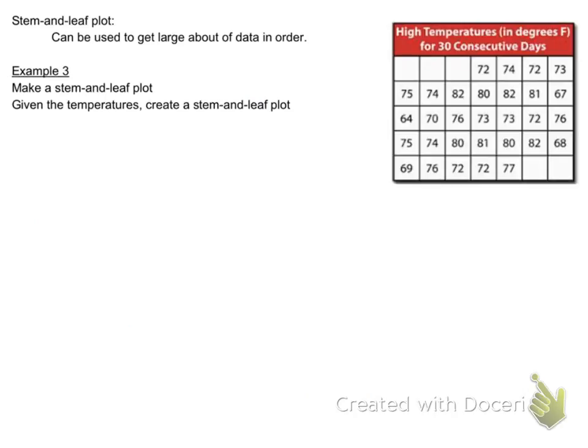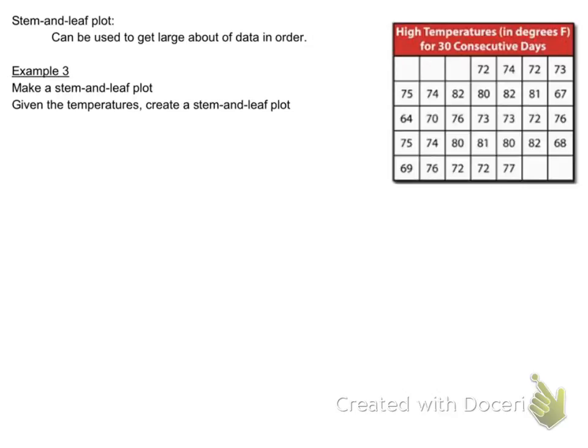Okay, guys, the next one is a stem and leaf plot. A stem and leaf plot, guys, as I said there, is used to get a large amount of data in order. Because I can basically ask you, what's the median of this group? That does not look fun to sit there and try to put everything in order, does it?